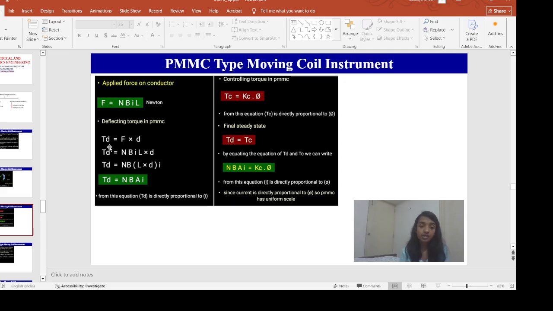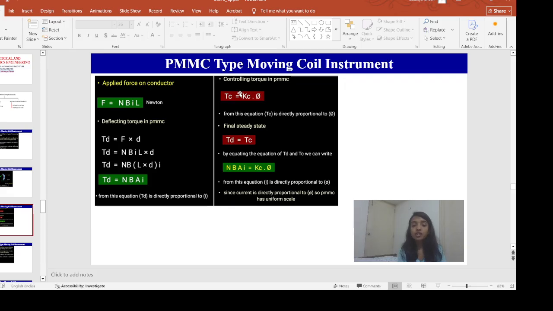It is expressed as Td equals force into displacement, or Td equals NBIL into D. This L and D, the length and the displacement, can be written together as A, the cross-sectional area of the coil. From this relation we can see that the deflecting torque is directly proportional to the current.